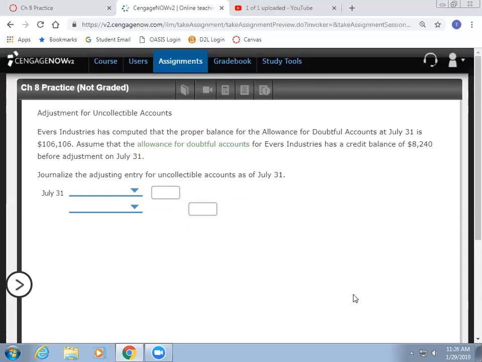So allowance for doubtful accounts is changing. So at the end of this year, it could have a credit balance or a debit balance. Okay. So in this case, it tells us we have an existing credit balance of $8,240. So $8,240. This is our balance before adjustments.